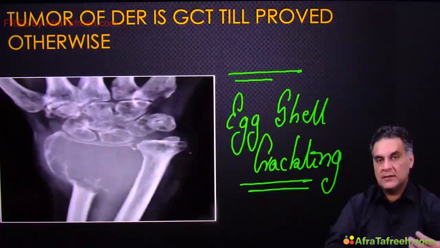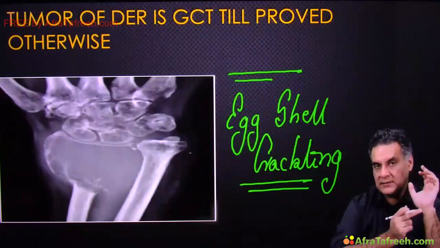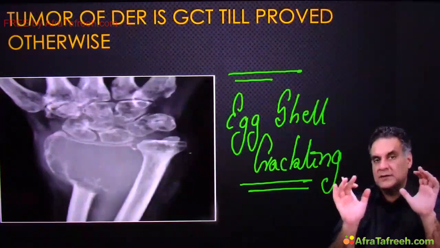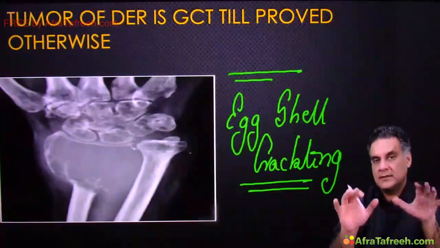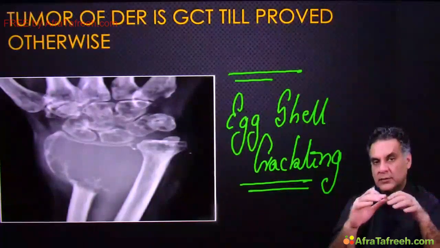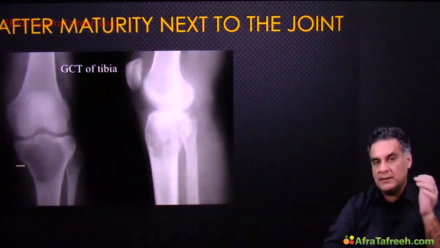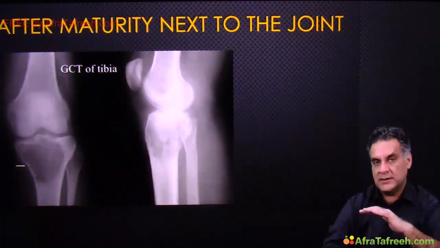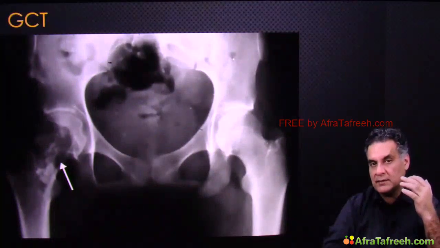This is one dictum you should remember. Tumor of the lower end radius is giant cell tumor till proved otherwise. It's a rule, remember that. This is a tumor that goes till the end, different examples. Going till the upper end of tibia, involving the knee joint after maturity, or it can go right at the upper end of femur.